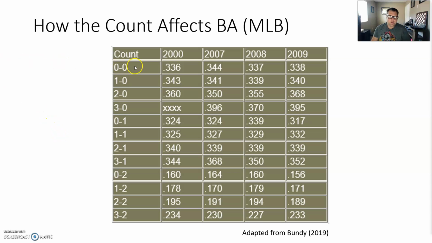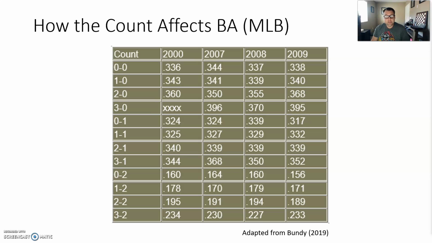If you notice, the higher up you get in balls without strikes, the higher the batting average goes. Pretty self-explanatory there. When you get to, say, a 3-1 count, that's historically going to be one of the most favorable hitters' counts.